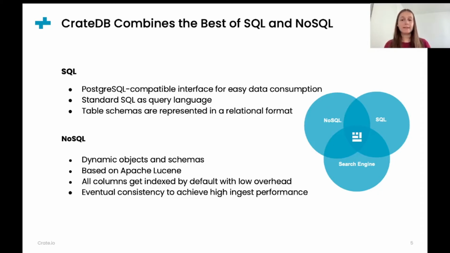On the other hand, CrateDB provides full flexibility by supporting dynamic objects and schema. The search engine is based on the Apache Lucene project, which means that the columns get indexed by default with a low overhead. As a user of CrateDB, you can of course choose to disable indexes. And to achieve high ingestion performance, CrateDB adopts the eventual consistency model.